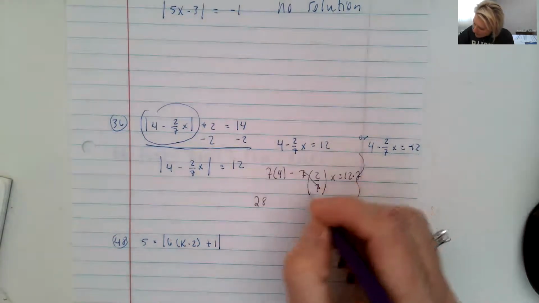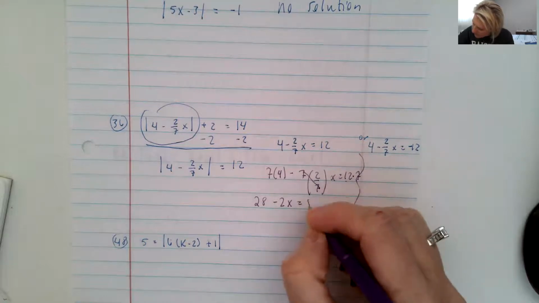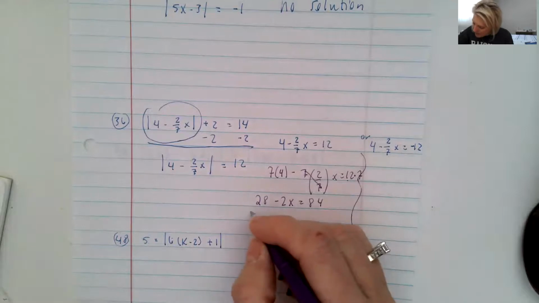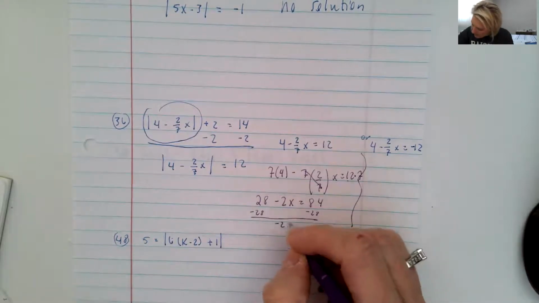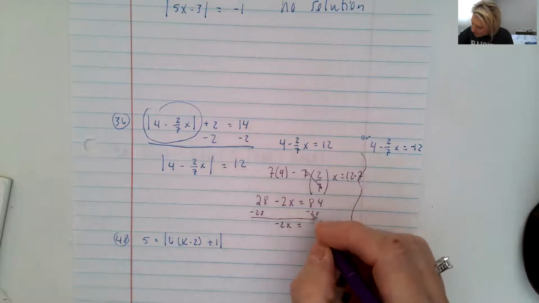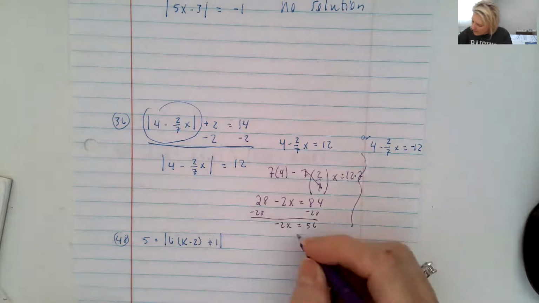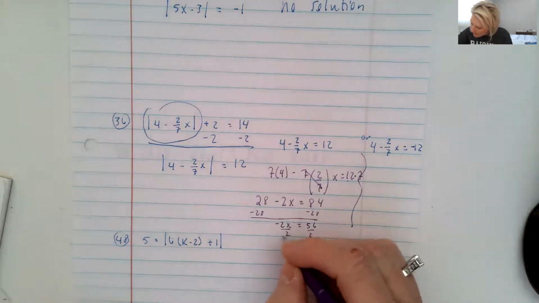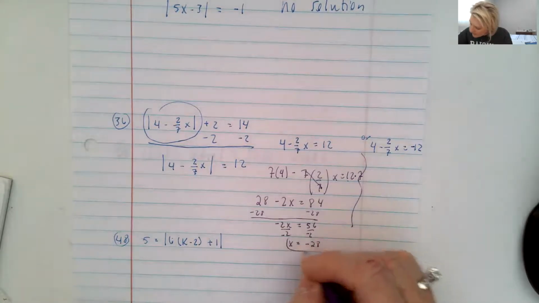These 7's cancel, so minus 2x equals 12 times 7 is 84. And then we're going to subtract 28. We get a minus 2x equals 56. And then we divide by negative 2. So x equals a negative 28.